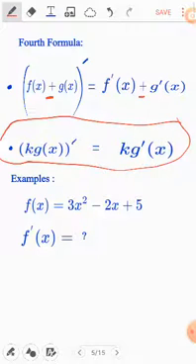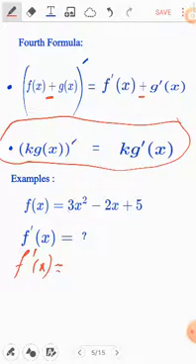Examples. The first example, if f of x equals 3x squared minus 2x plus 5, this is an addition and subtraction of monomials. That means an addition and subtraction of functions. So the derivative f prime of x is the derivative of each one.